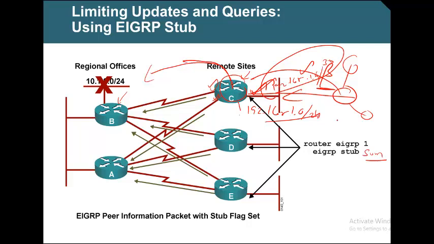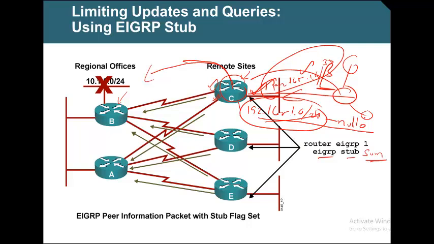But when you don't say summary or connected, it takes responsibility of both. C will say, I am responsible for these 3 connected networks as well as the summary. So we have now seen default, connected, and summary.